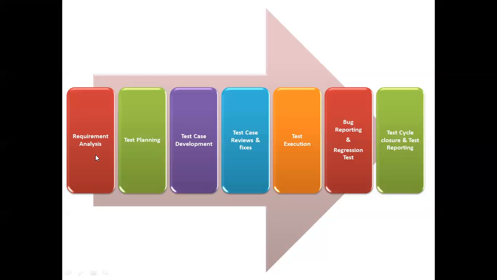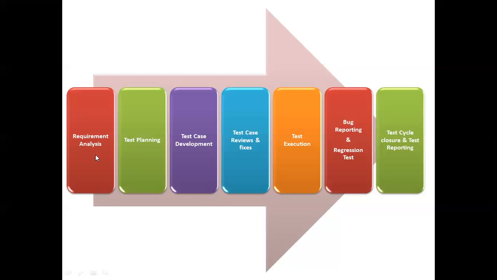Test execution is nothing but executing test case by test case. During the test execution, if you find any bugs, you will report them. A bug is nothing but some problem in the application. If you find any problem in the application, you will report it, and the developer will fix it. For whatever bugs are fixed, you will do a defect verification.